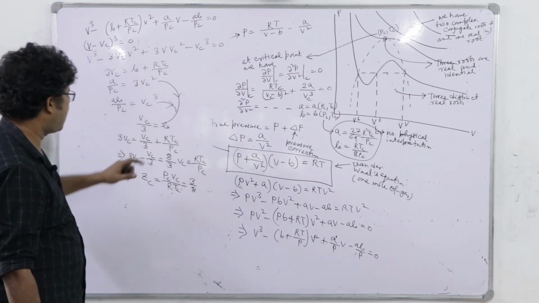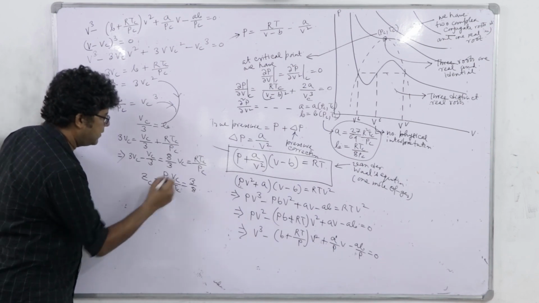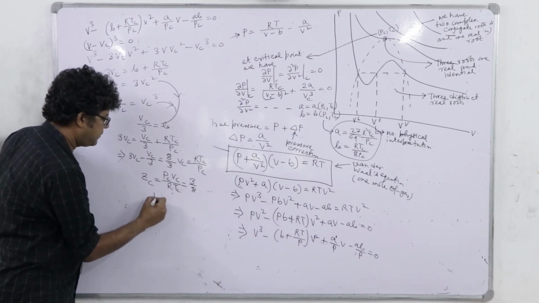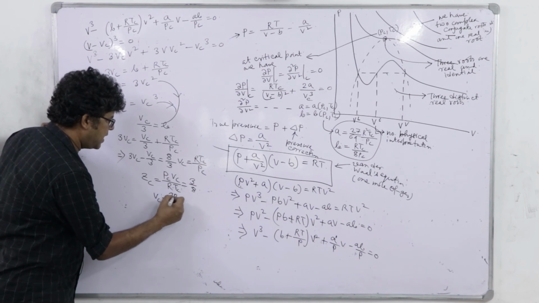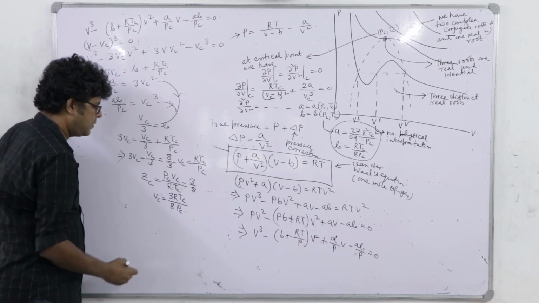So, obviously we can note that Vc is equal to 3 RTc divided by 8 Pc. Okay.